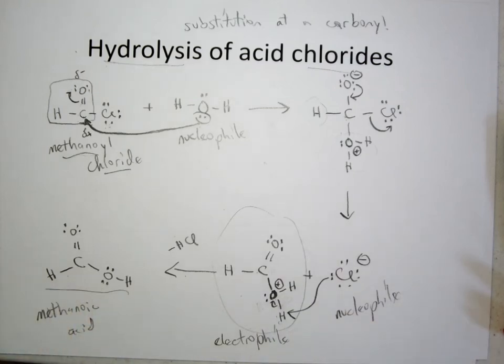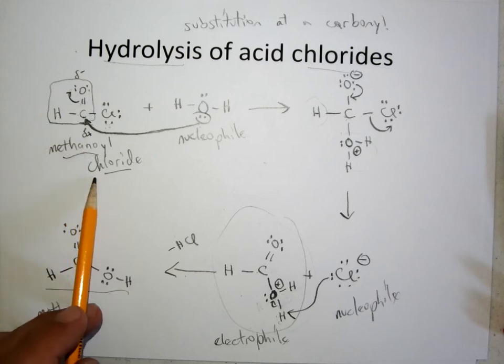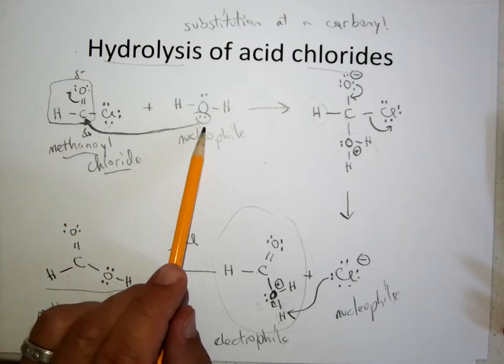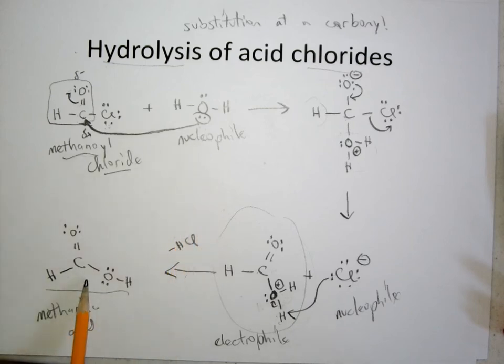So the overall summary here is acid chlorides, like methanoyl chloride, react with water to form acids, organic acids like methanoic acid, carboxylic acids, with the elimination of hydrochloric acid.